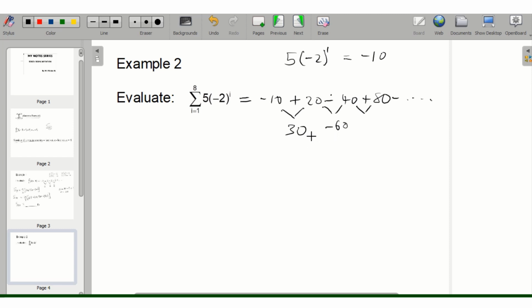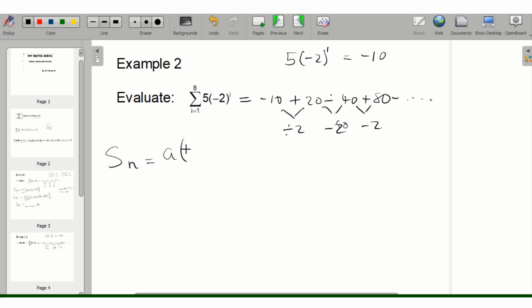So already you can see you don't have a common difference. So you need an alternative. So what we'll try is 20 divided by minus 10, that will give us minus 2, and minus 40 divided by 20 is minus 2, 80 divided by minus 40 is also minus 2. So that tells us we are dealing with a geometric series.